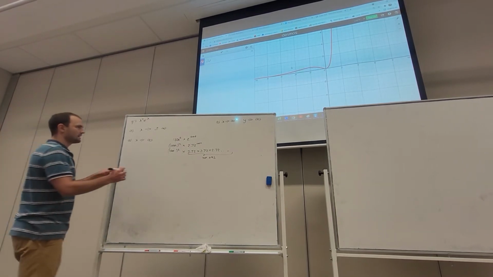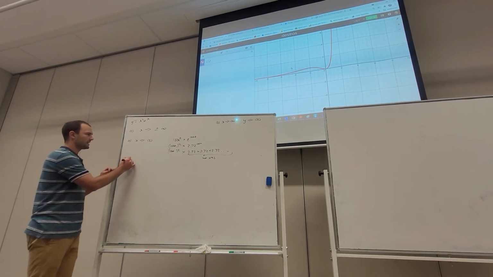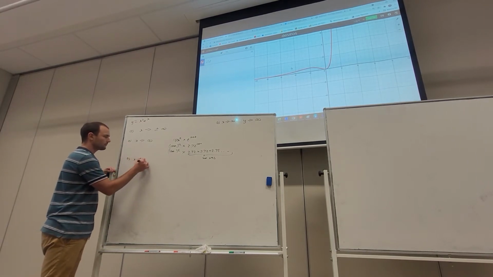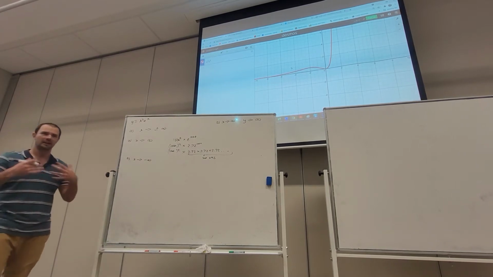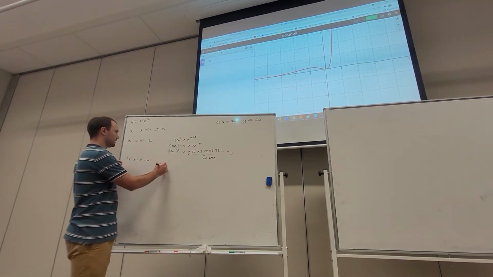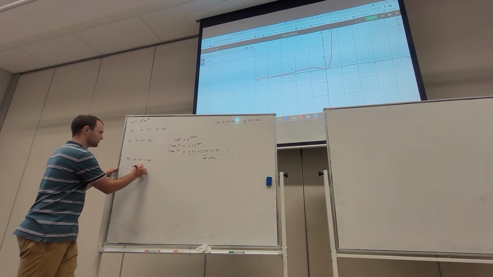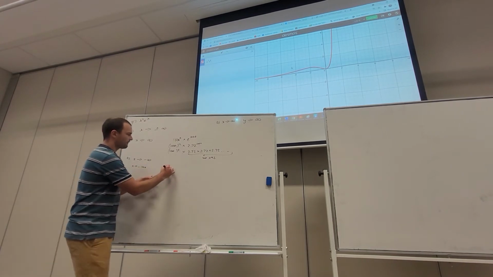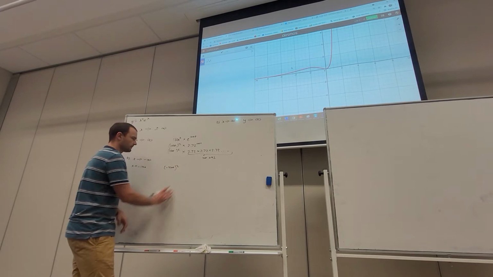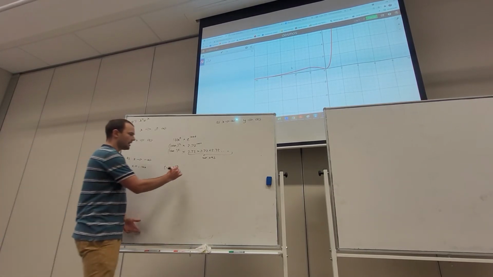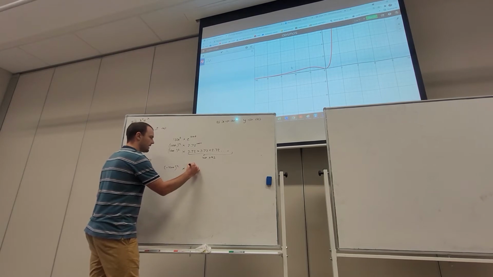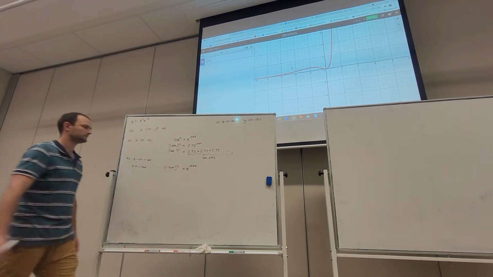Okay, what about as x approaches negative infinity? So let's choose a really negative number, like negative 1,000. So let's say x approaches negative 1,000. We're going to have minus 1,000 squared times e to the power of minus 1,000.